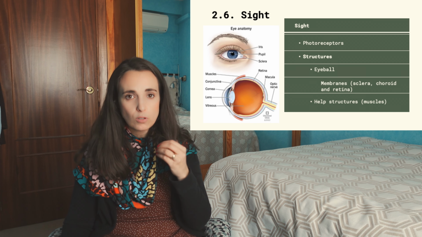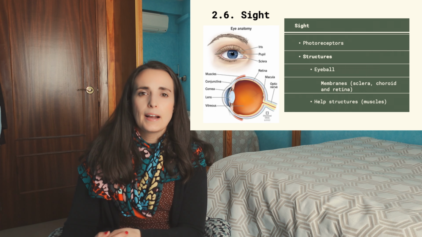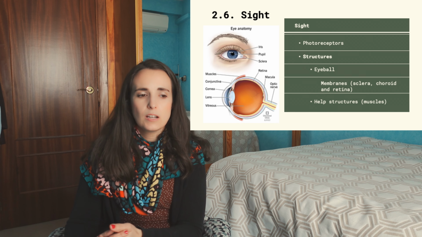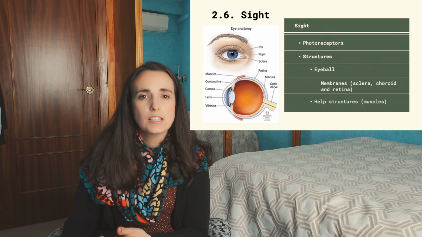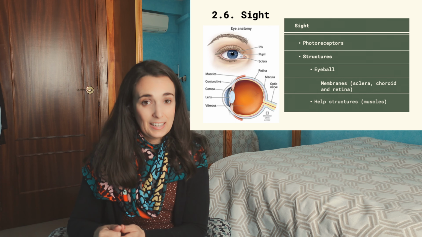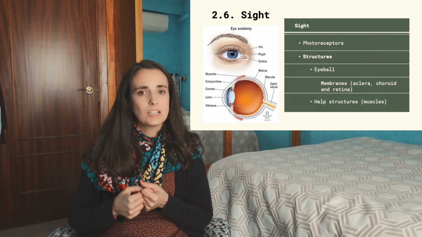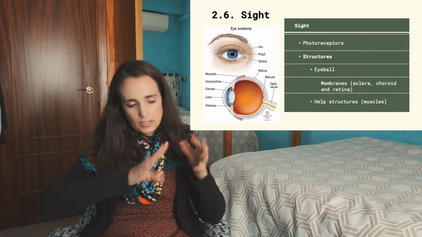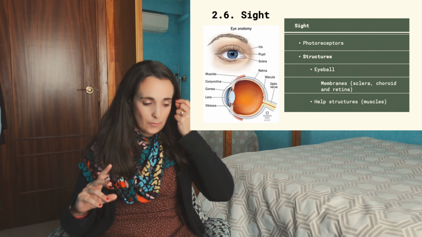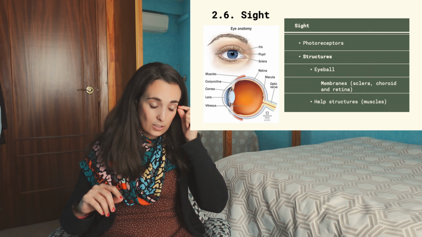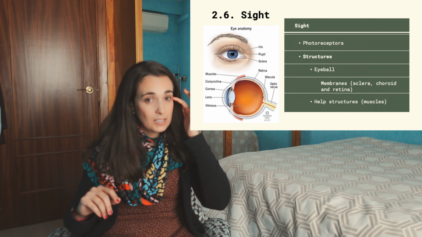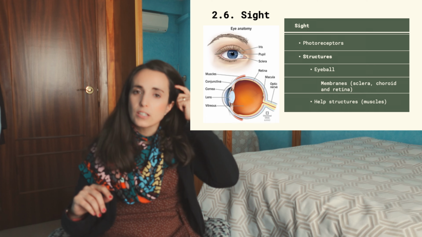So all the photoreceptors are going to be there. And those photoreceptors have inside some chemical substances that will be altered with the light. And in the alteration, they send some electric signals, chemoelectrical signals, that will be received in the ending of the nerves, which is the optic nerve, and we will transport it to the brain.